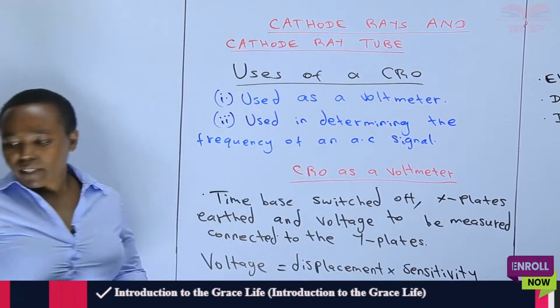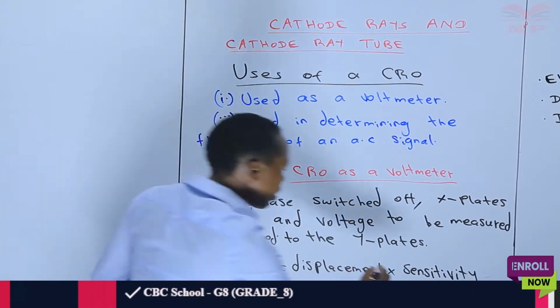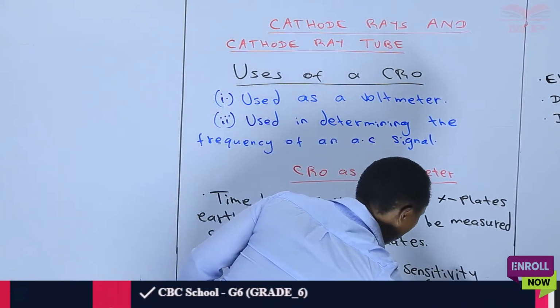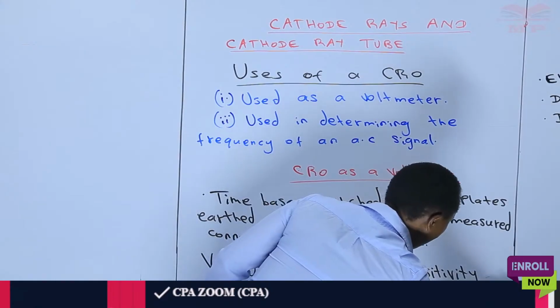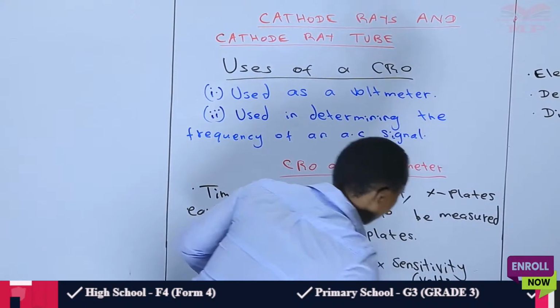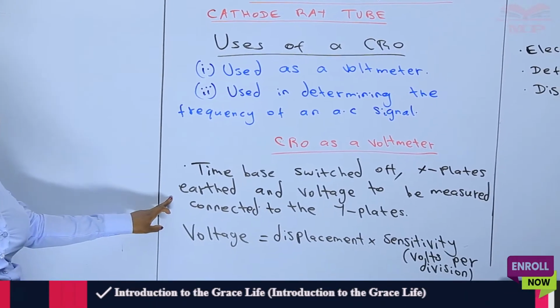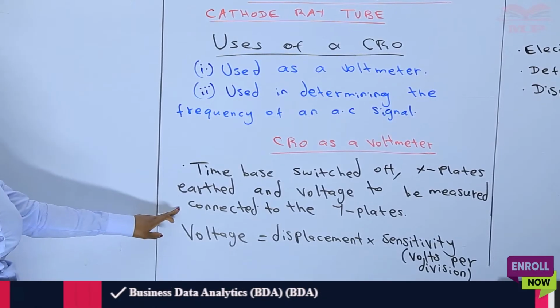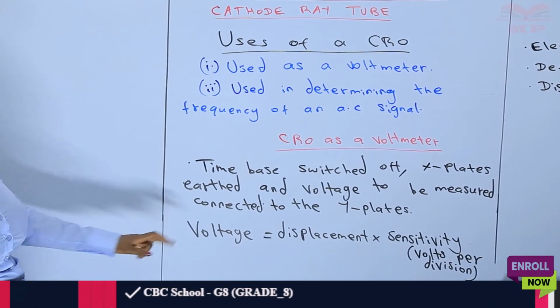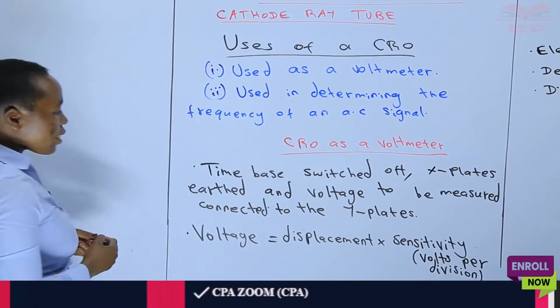The sensitivity is simply the volts per division. So when the time base is switched off, the X plates earthed, and the voltage to be measured connected to the Y plates, we can calculate the voltage from the displacement.